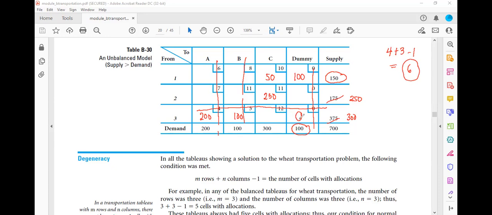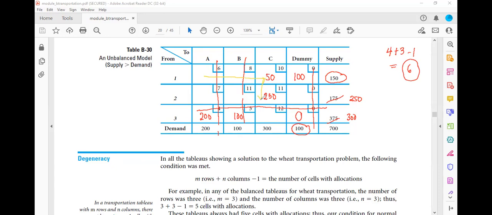So kunyari, kung wala tong 0 na to, just to illustrate, guys, if you use the stepping stone method, there is no way that you will be able to trace a path. Okay, so try lang natin. Magte-trace tayo ng path sa 1A. Without the 0, so horizontally, you will move to this cell.